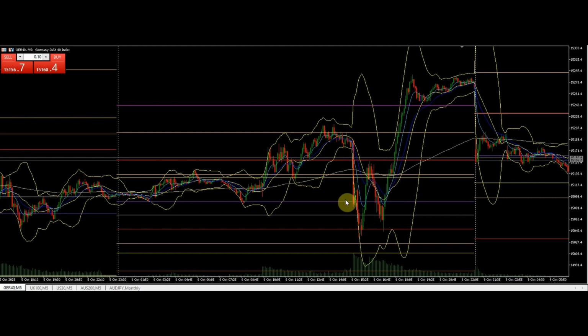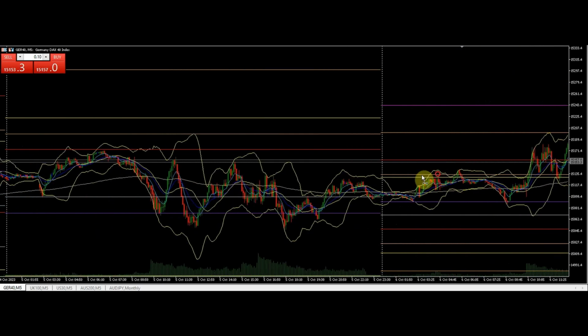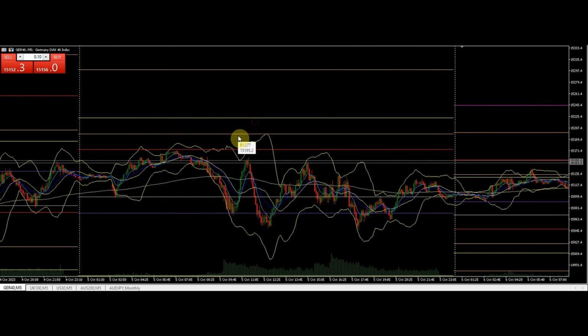So this is into the US session, right down to the previous day's low, tested it a few times, came right back up to the previous day's high, down to low again, and right up through the R3. Very choppy and very erratic trading, so not the best accessible day, but it's good to be aware of what can happen.